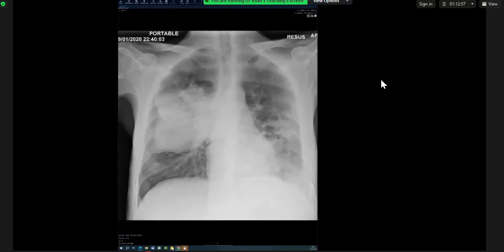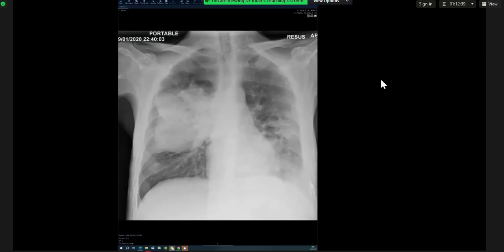I cannot detect any gas in the lower recess, no pneumothorax. So I am dealing here with a case of bilateral lung opacities.